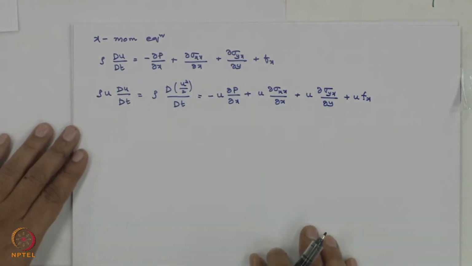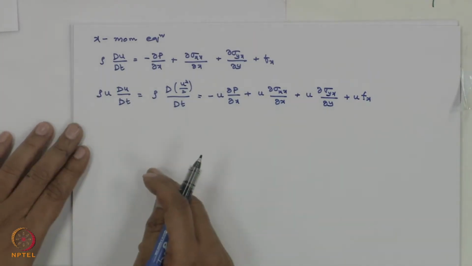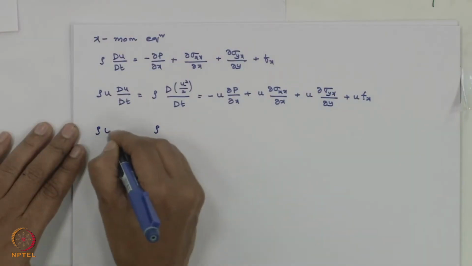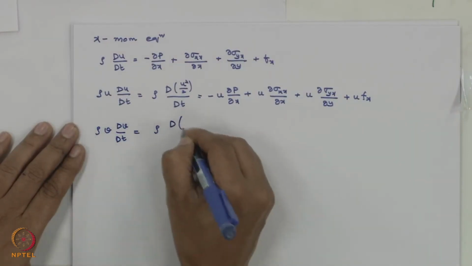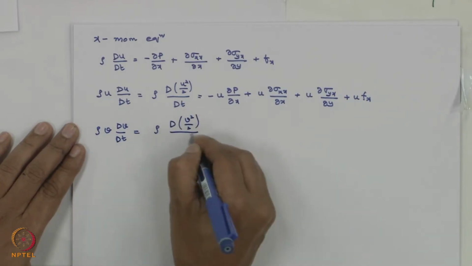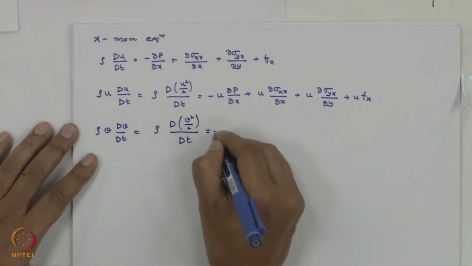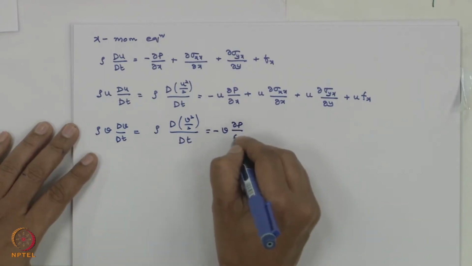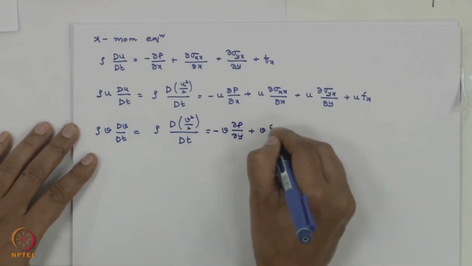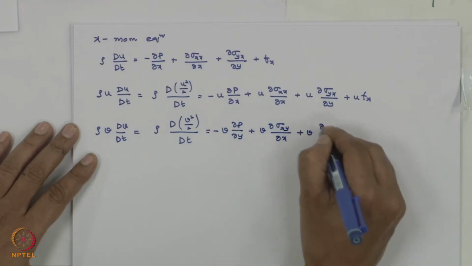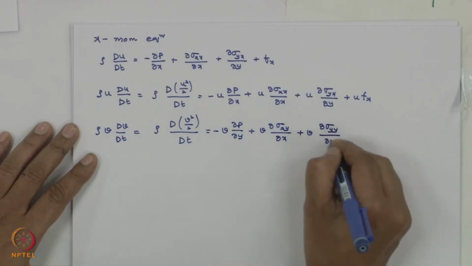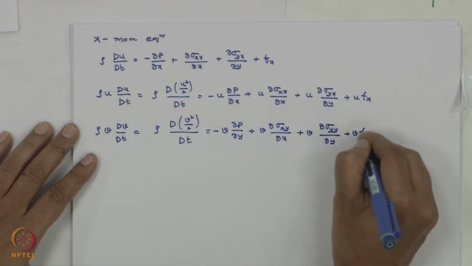Now you can do the same thing for the y momentum equation. I am not going to write and multiply again in detail: rho d v squared by 2 dt is equal to minus v del p by del y plus v del sigma xy by del x plus v del sigma yy by del y plus v fy.